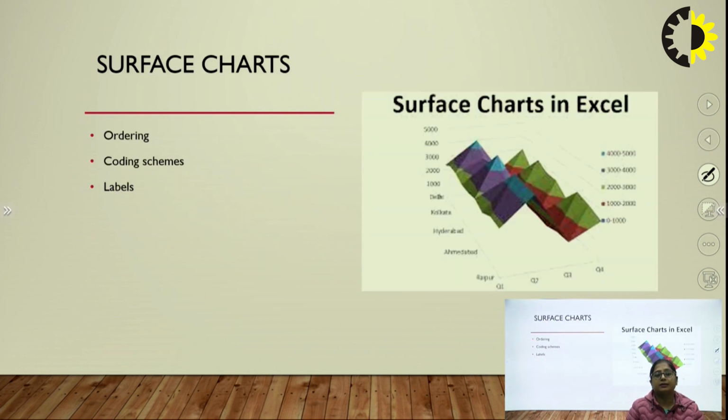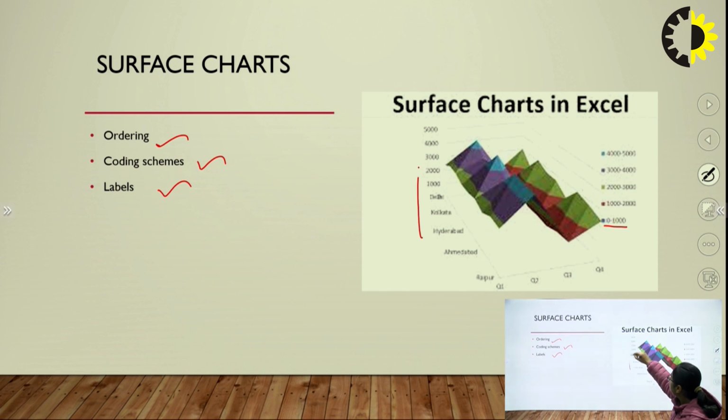And the next one is the surface chart. The surface chart, as the name suggests, is in 3 dimensions. What ordering you have to do, what coding schemes you use, and what labels you use to draw the surface. Here is the surface. The labeling is 0, 3 dimension.